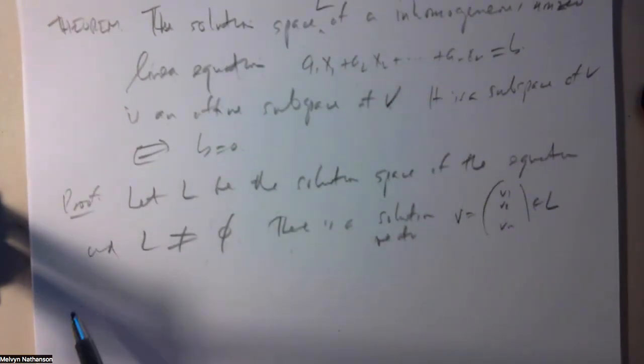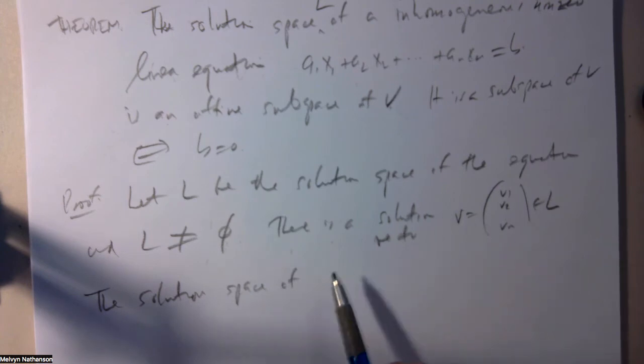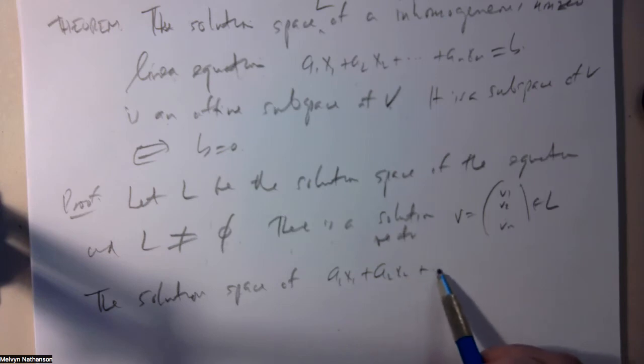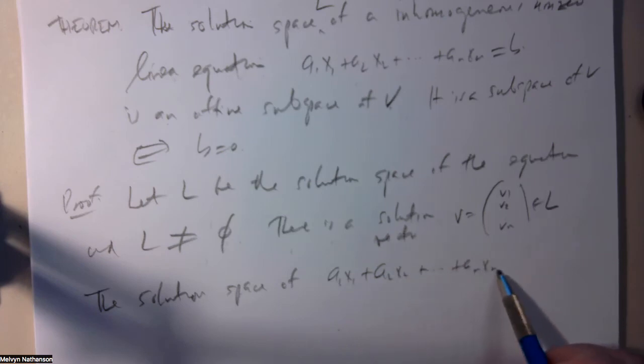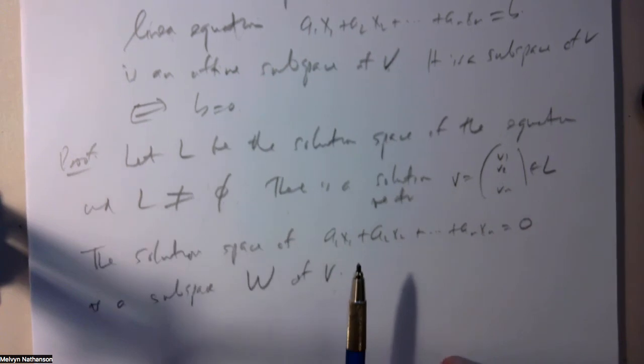If we consider the homogeneous equation, so the solution space of the homogeneous equation a1x1 plus a2x2 plus anxn equal to 0 is a subspace W of the vector space.